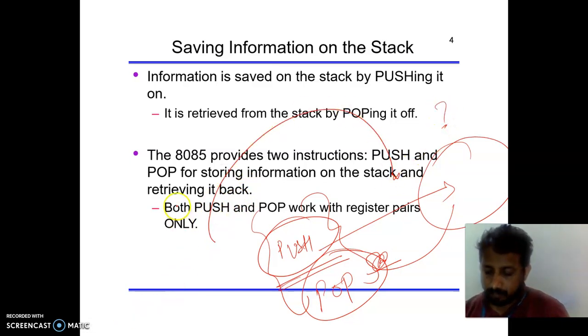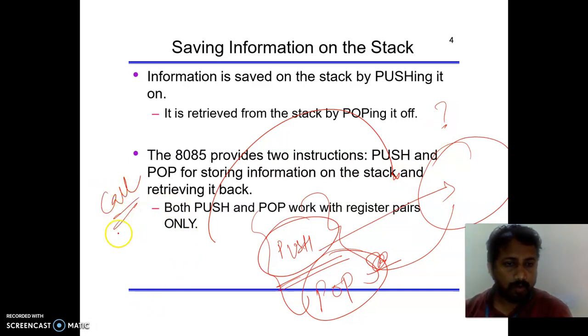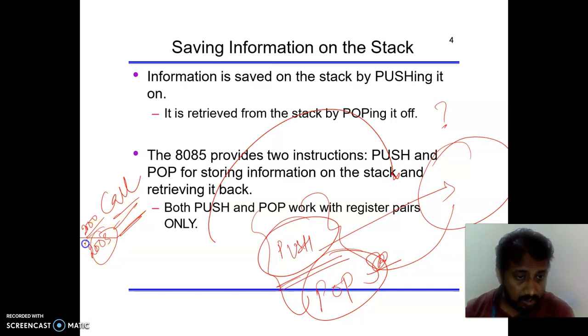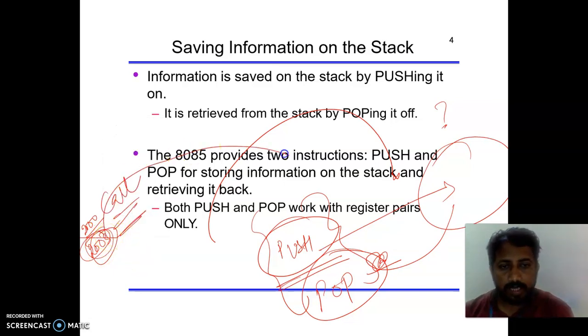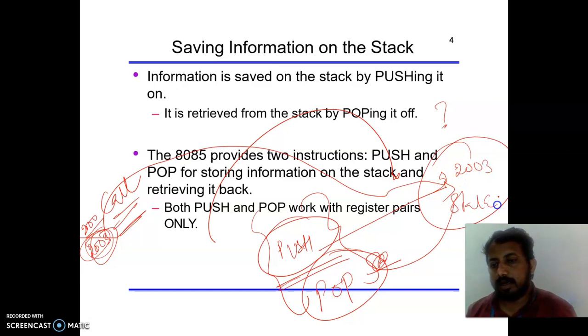Whenever we go for a call instruction, say the call instruction is at memory address 2000, the next instruction at 2003 has to be executed, but it is not executed yet. So this instruction address, 2003, is taken and kept in the stack.